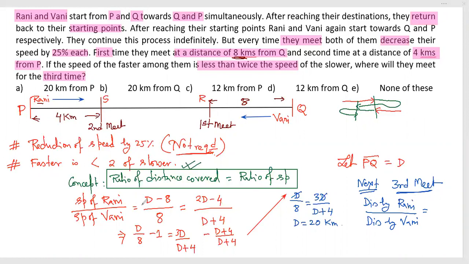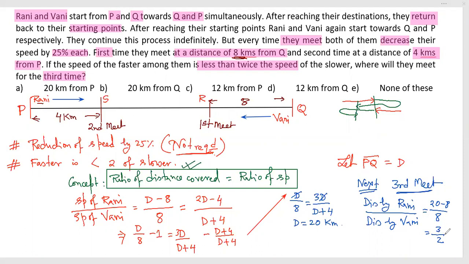At any time, the distance traveled from the start is the ratio of speed of Rani and speed of Vani. In place of D, I can fit the value of 20. So it should be 20 minus 8 by 8, which is 12 by 8, that is 3:2.